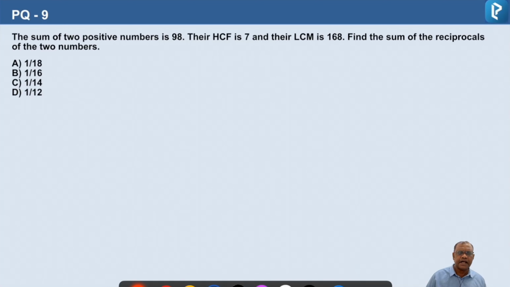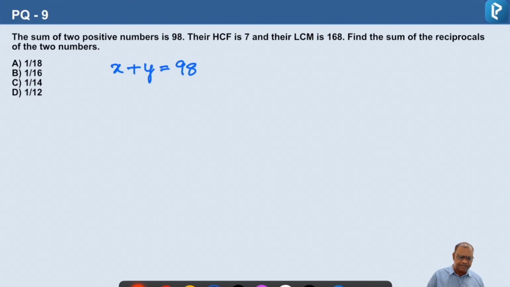Question number 9. The sum of two positive numbers is 98. Their HCF is 7 and their LCM is 168. Find the sum of the reciprocals of the two numbers. So let us assume the numbers as x and y. x plus y is equal to 98.